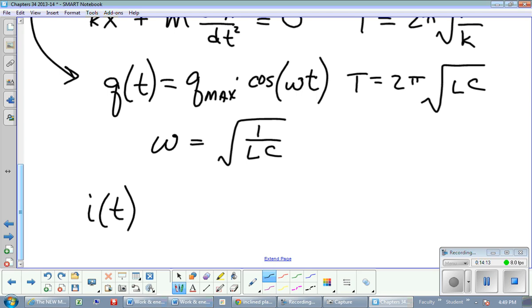And so if we take the Q max cosine omega t, we take its derivative, we're going to get the maximum current times the sine of omega t. And I've left the signs out of this. We're just asked for magnitude, and that's good enough.